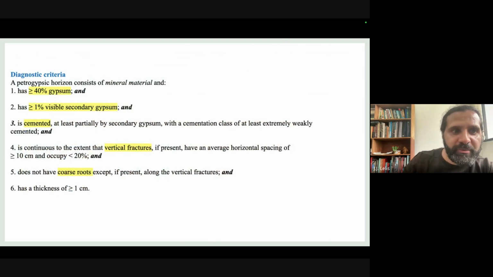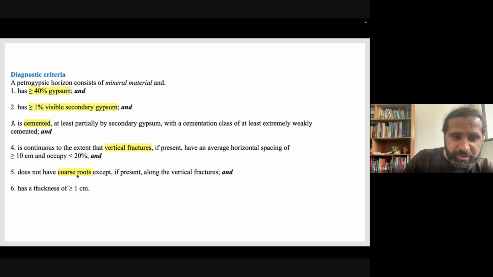All of these materials are enriched in gypsum. So at least 40% of gypsum and at least 1% of secondary gypsum. And of course, cementation, some vertical fractures. If you see some vertical fractures, they should have a space between them of at least 10 centimeters. So the distance between them is at least 10 centimeters.